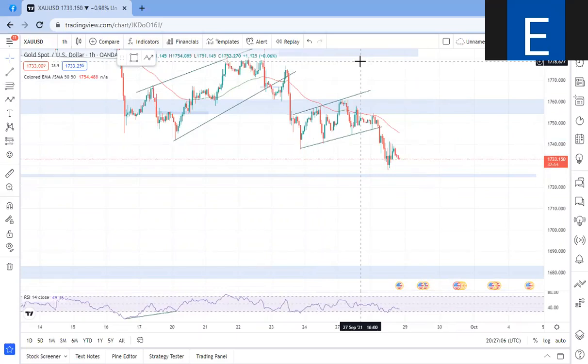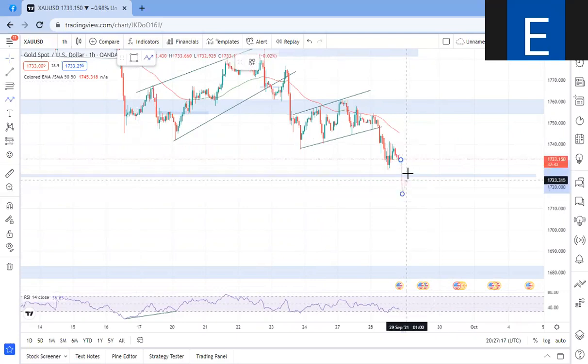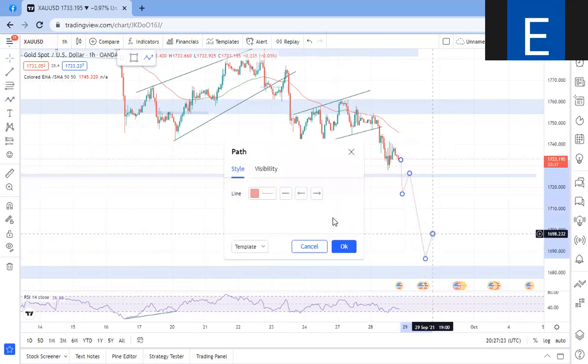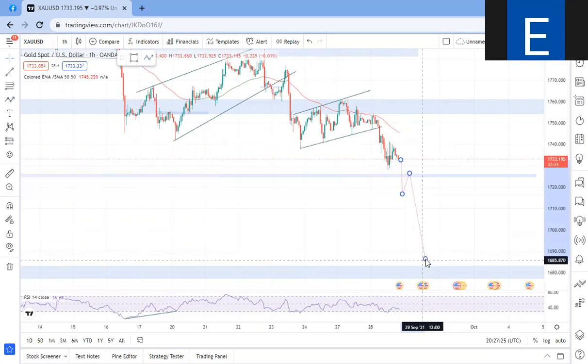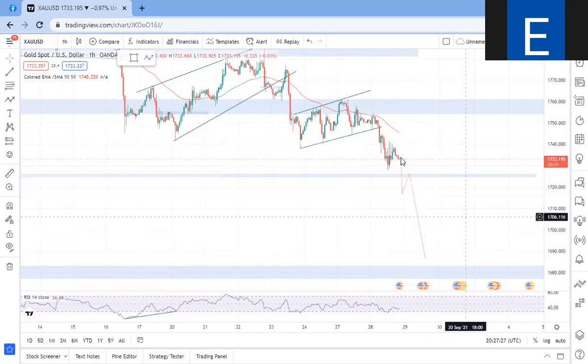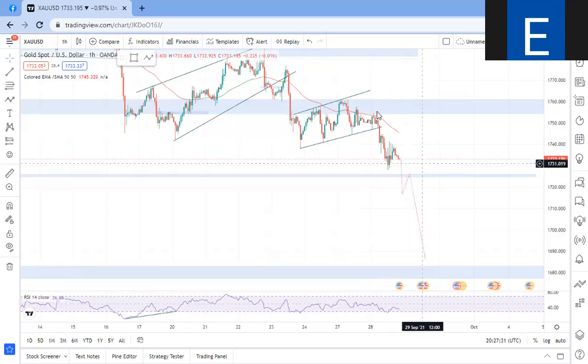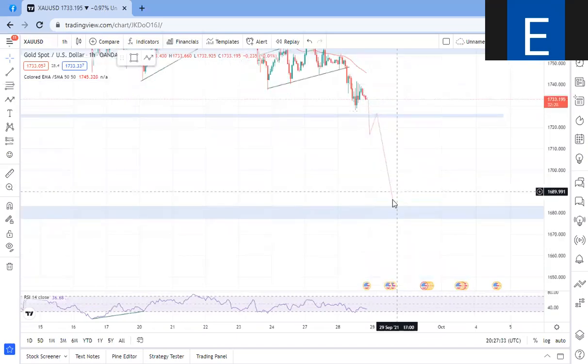Price can actually do the opposite of what you analyzed, so you have to be ready. The price could also break below this low, do a retest at this level, then continue down. Price could break below this level, retest with rejection wicks, before continuing all the way to the downside.